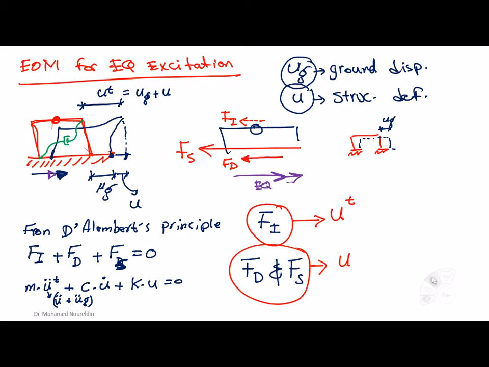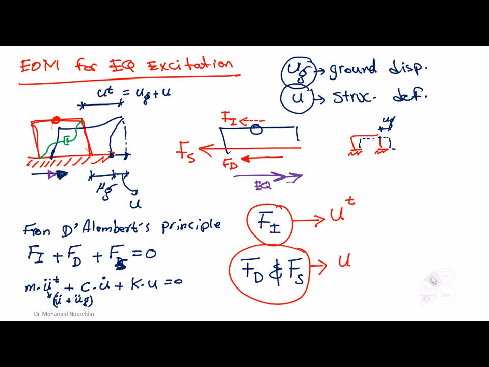This means that this rigid body motion will not make any deformation in the structure itself. In this case, there is no elastic or resistance force, and no damping force is going to take place. However, yes, there would be some inertia forces developed.